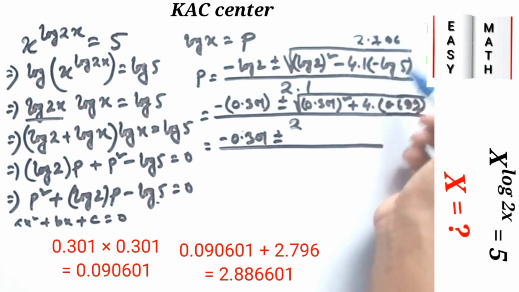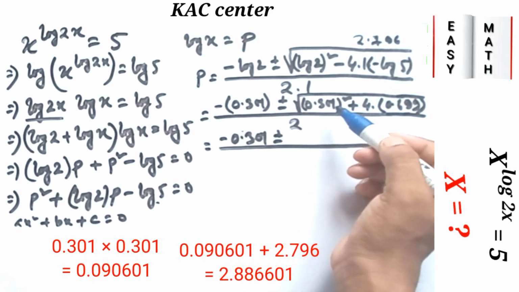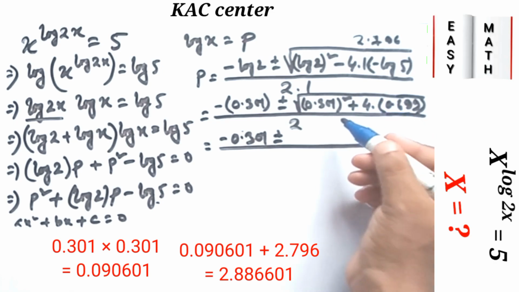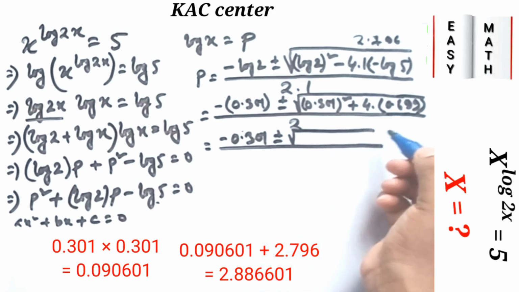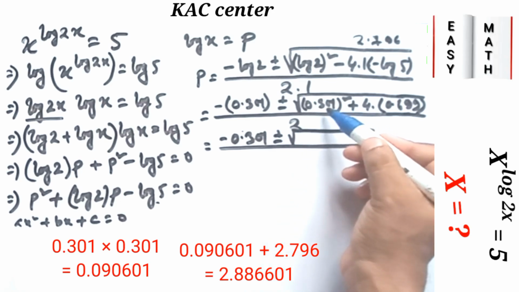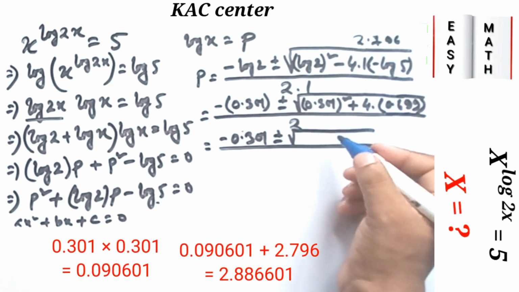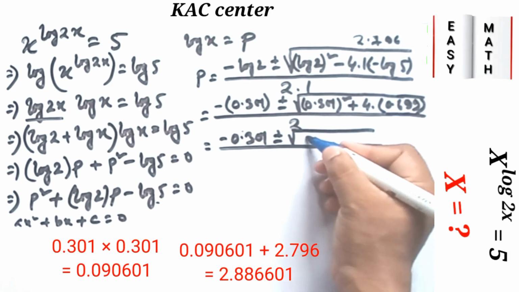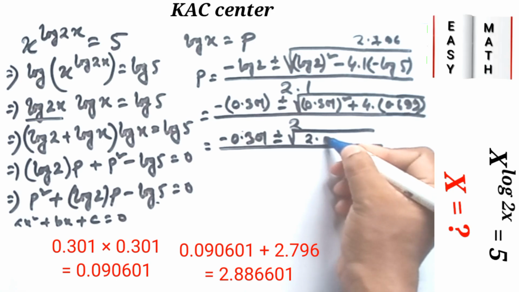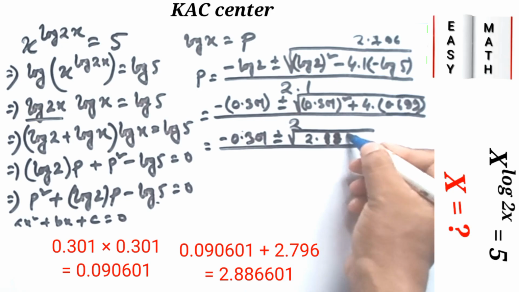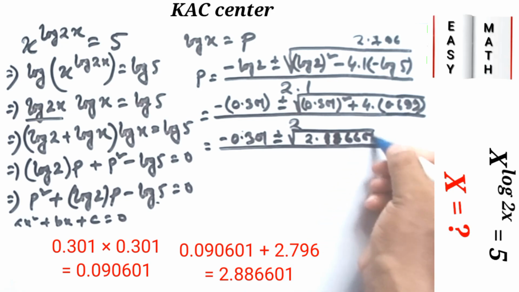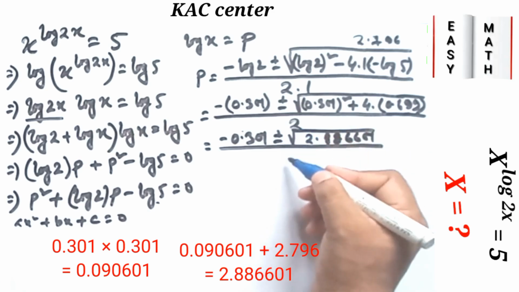So use the calculator, so we can find out this square root, and this we can find out as 2.86601, and this is the 2.